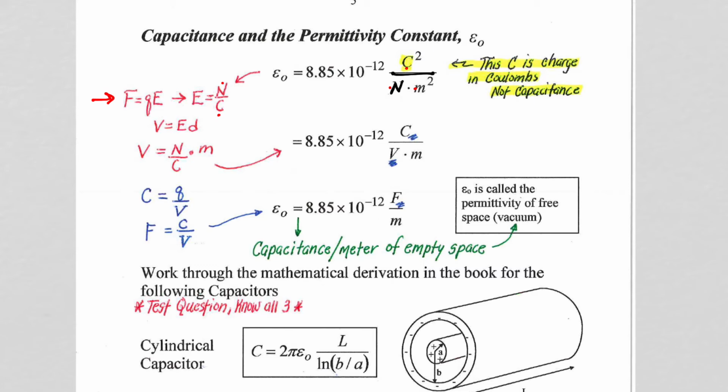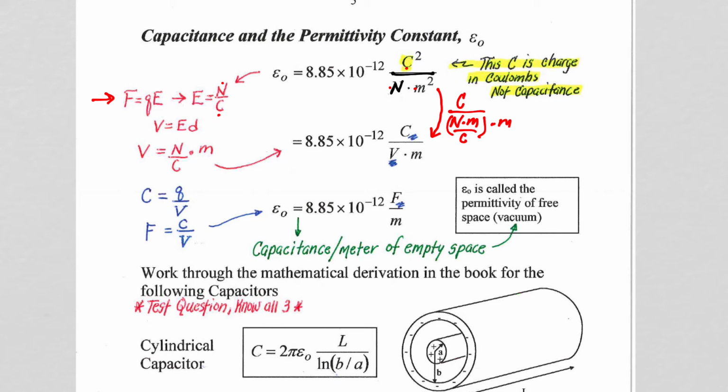So to go from here to here is to note that we are taking C divided by Newton meters on coulombs. There's your volt times meters. So that definitely works out.